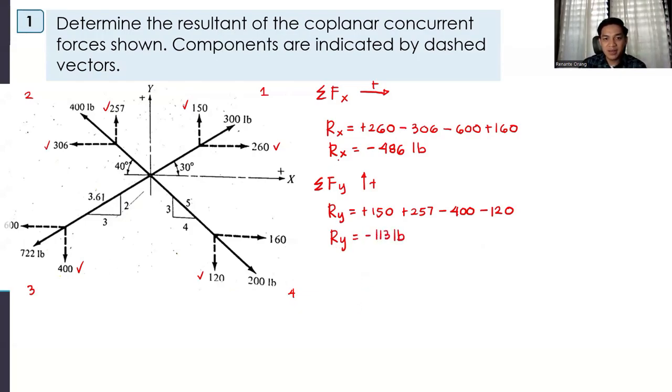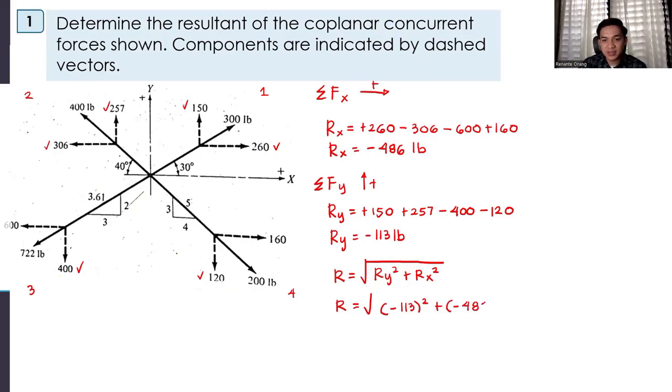Meron na tayong Ry and Rx, so we can solve for our R. That is resultant is equivalent to the square root of our Ry squared plus Rx squared. So sulat natin that is equivalent to negative 113 squared plus negative 486 squared, then lahat sila is naka-square root.